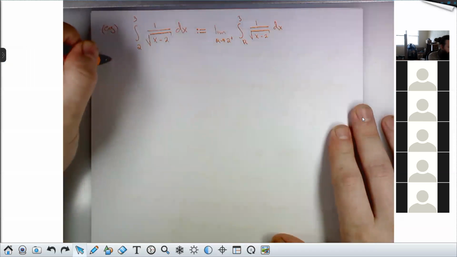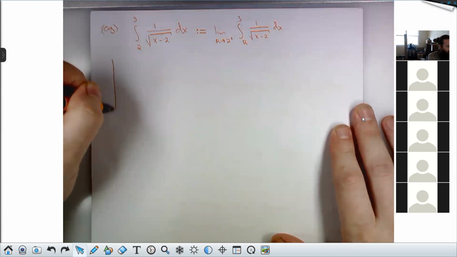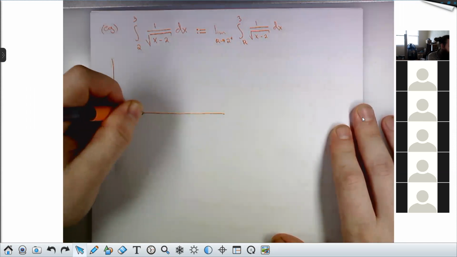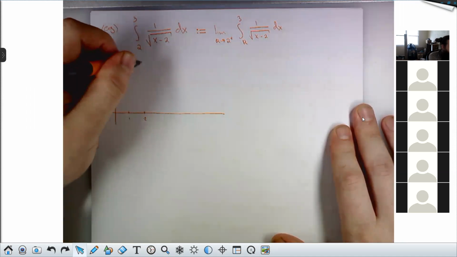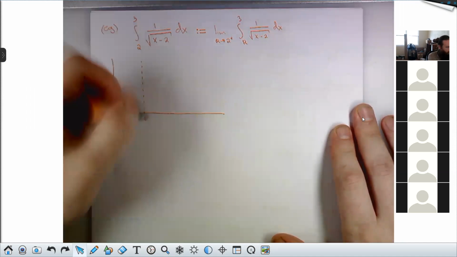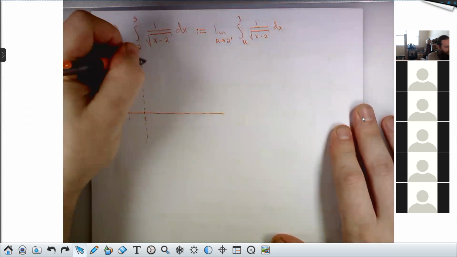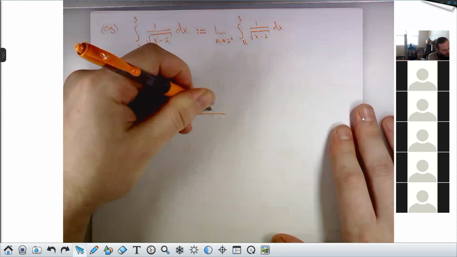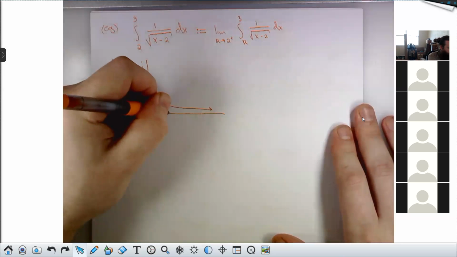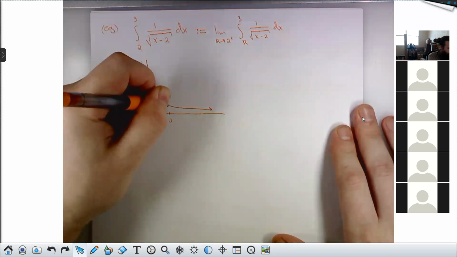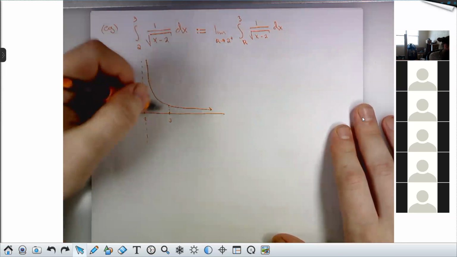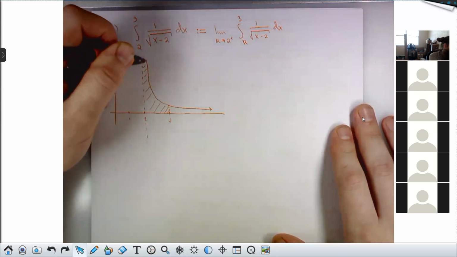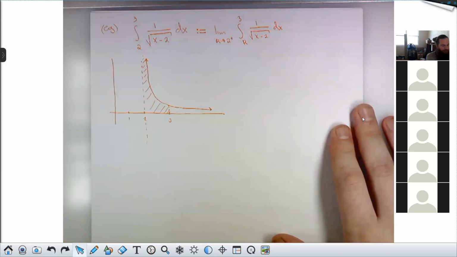Sort of the picture here, I'll do my best to draw one by hand. We have a vertical asymptote at x equals 2. And then the function kind of looks like this. So over here would be 3. So the area I'm looking for is all of this area.